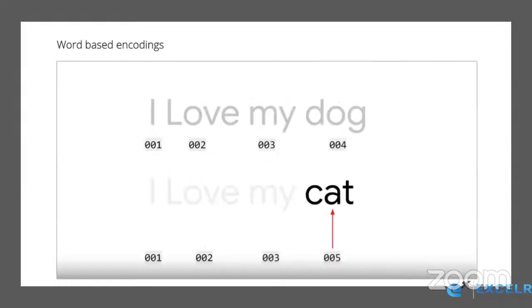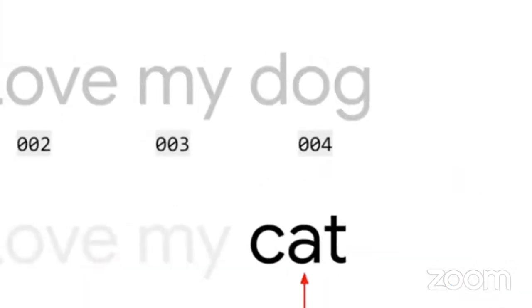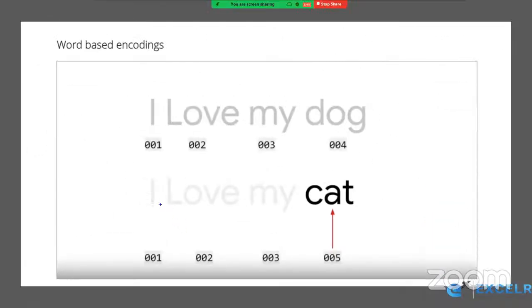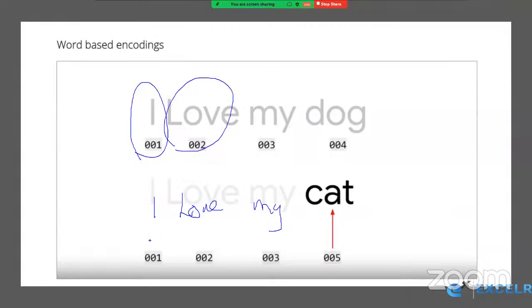For example, when I get a similar sentence like "I love my cat", since I have already created numbers for "I love my", I don't want to recreate different numbers for them. The only new word I've got is "cat", so I can formulate a new number for it. This is one way of doing it.